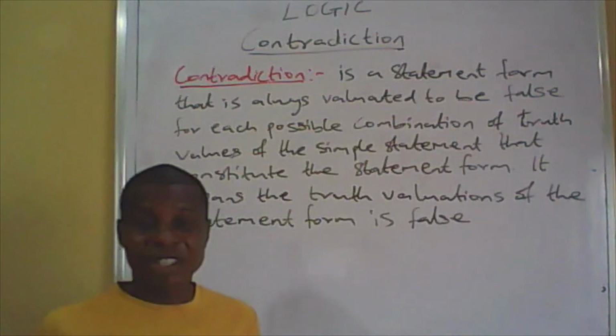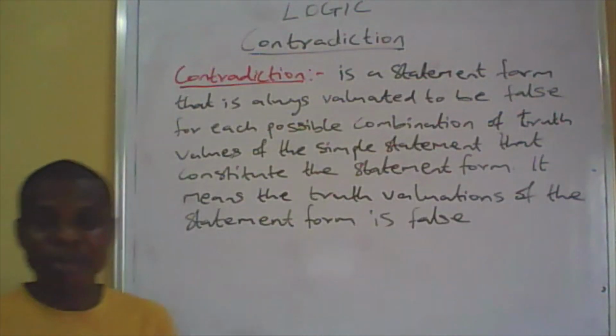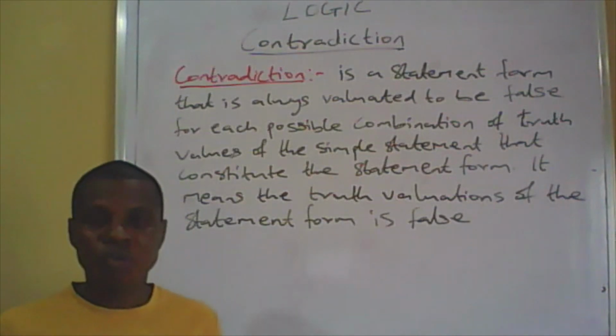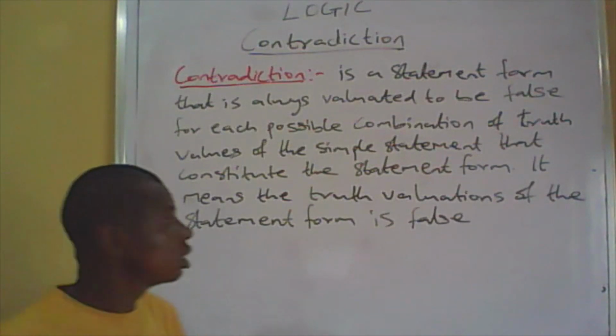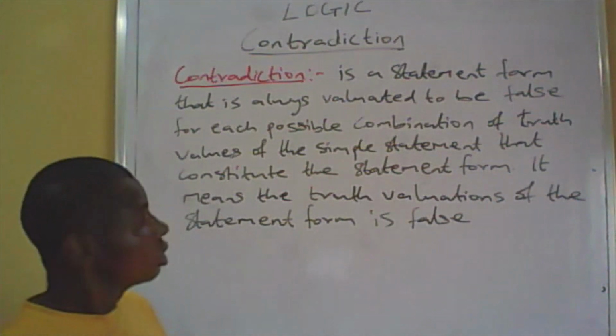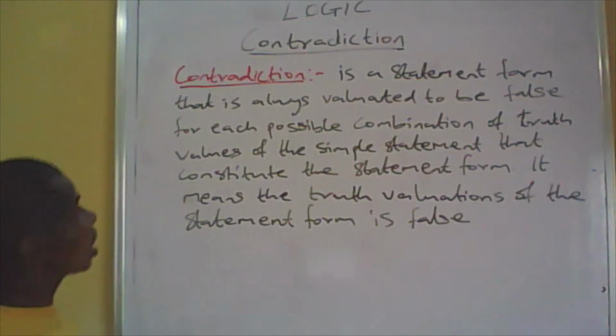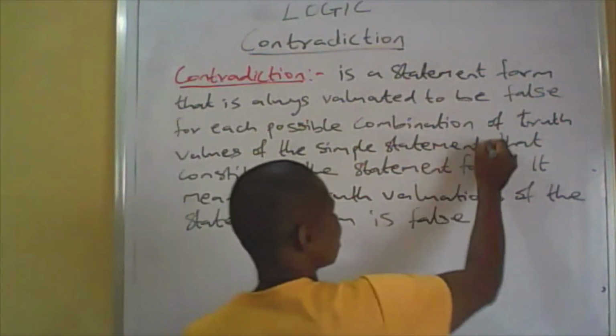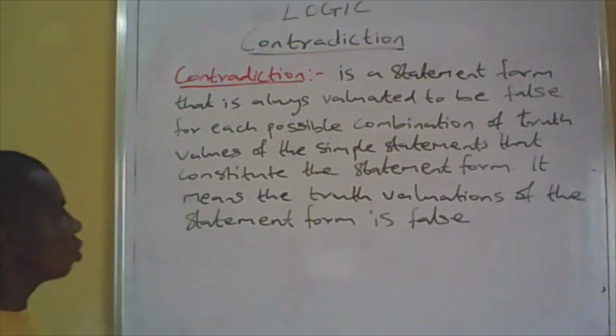Yes, we said that contradiction is a statement form that's always evaluated to be false for each possible combination of truth values of the simple statements that constitute the statement form.